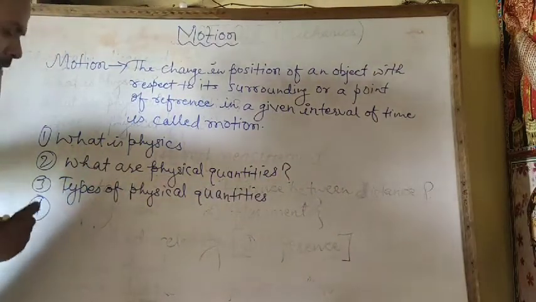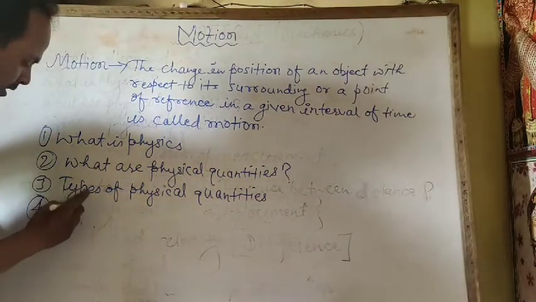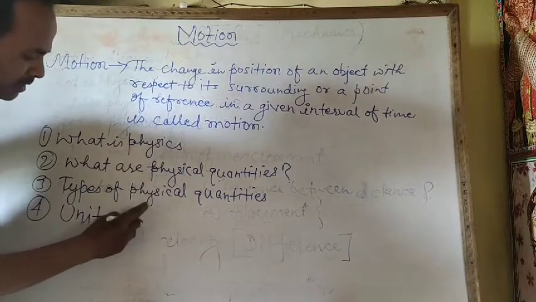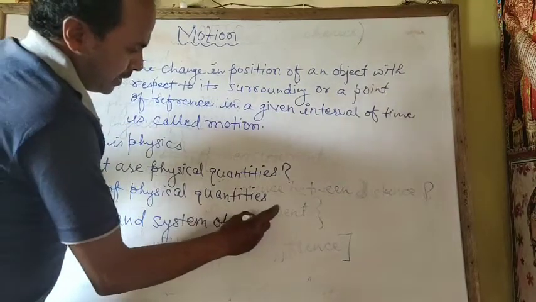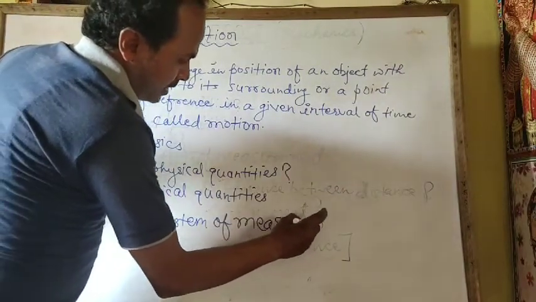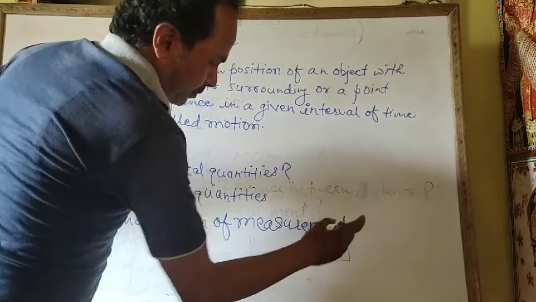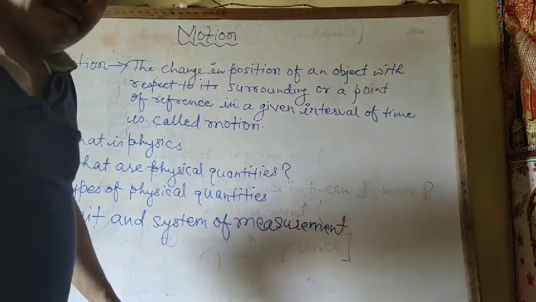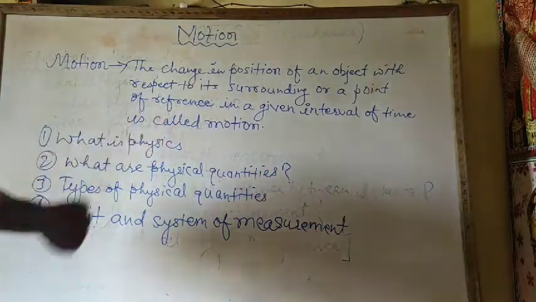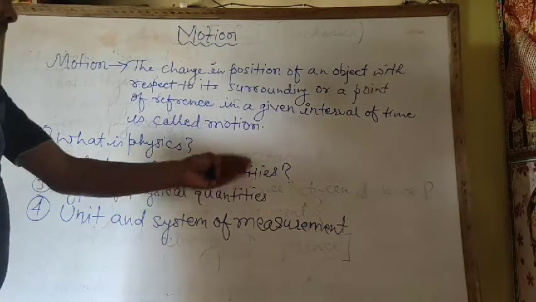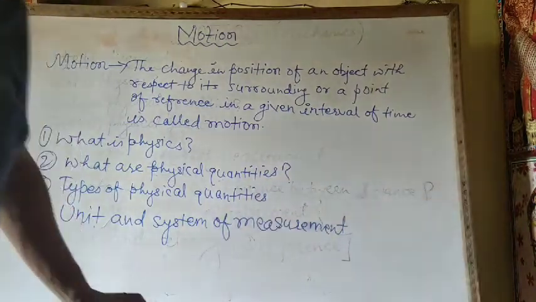Fourth thing is units and system of measurement. One by one, we'll discuss every topic that I have written here. First, what is motion? Second, what is physics? And what are physical quantities, types of physical quantities, units and system of measurement.